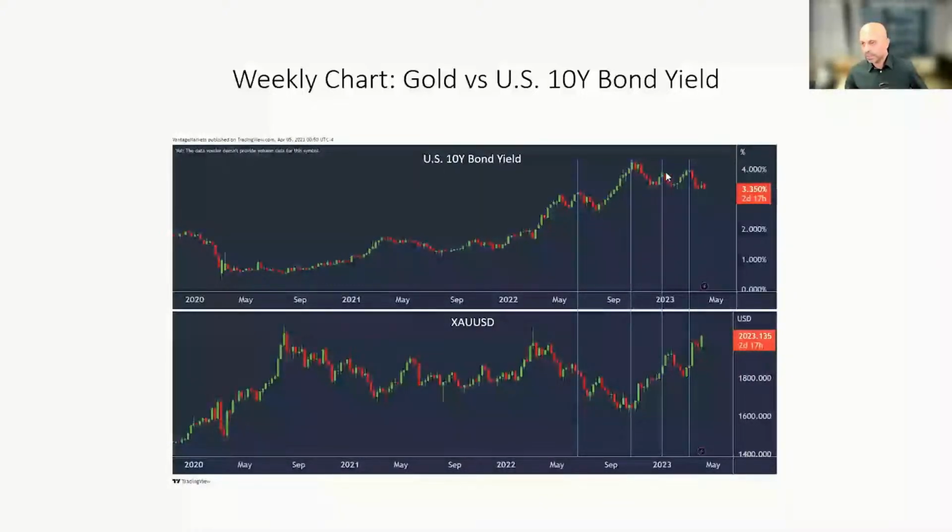As you can see here, we had yields starting to rise together with the dollar index, and at the same time, gold started to, I would say, probably consolidate. And as yields started to fall, the dollar index started to fall, and gold pushed up again. Similarly, gold prices fell as bond yields and the dollar index pushed up.